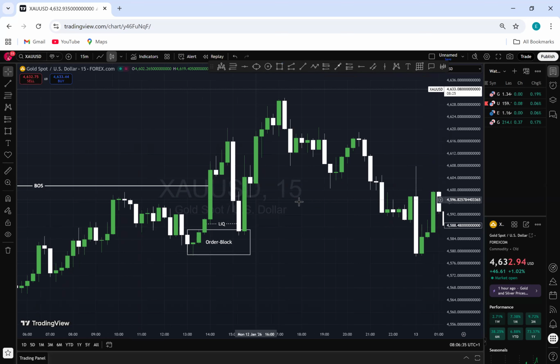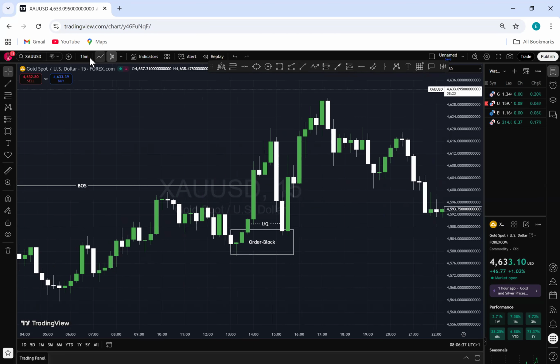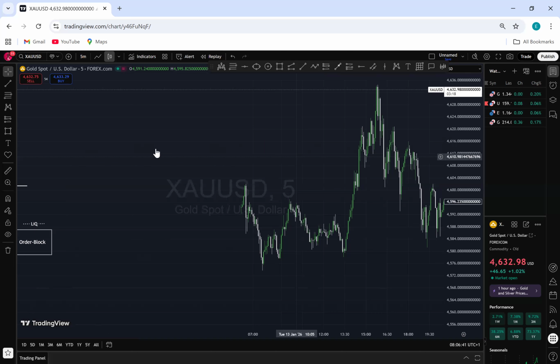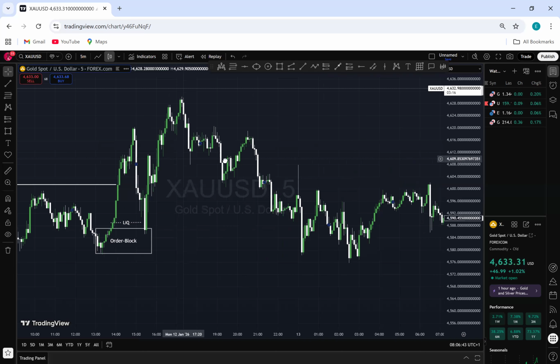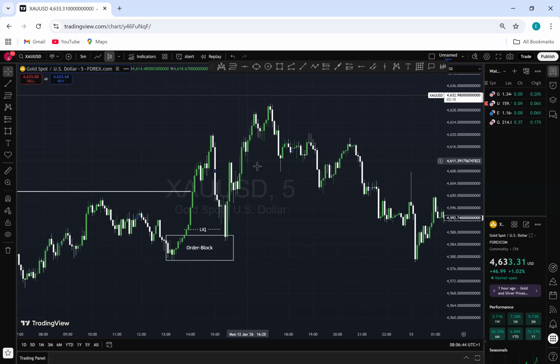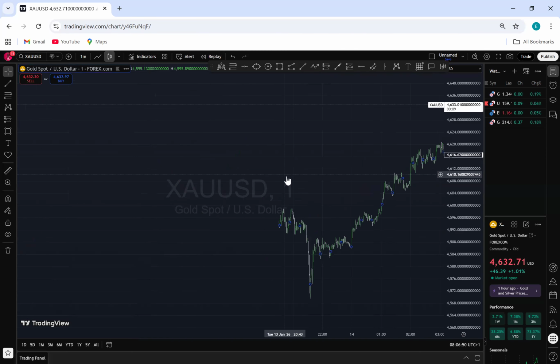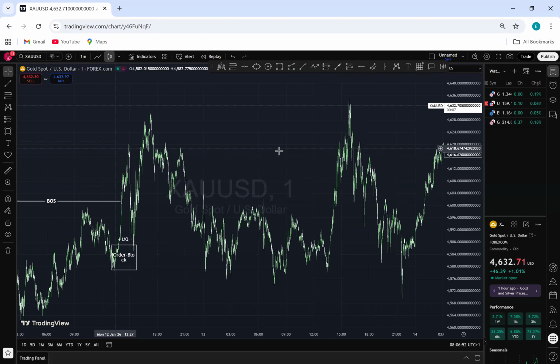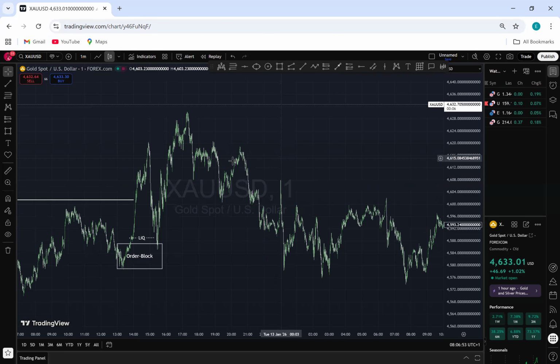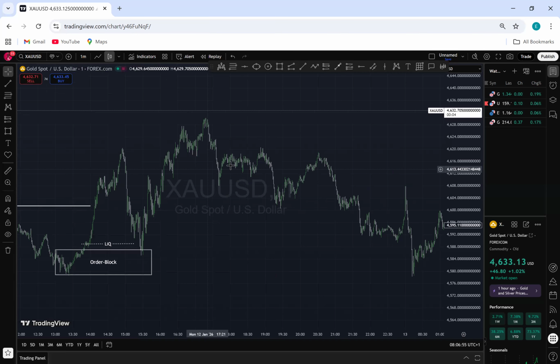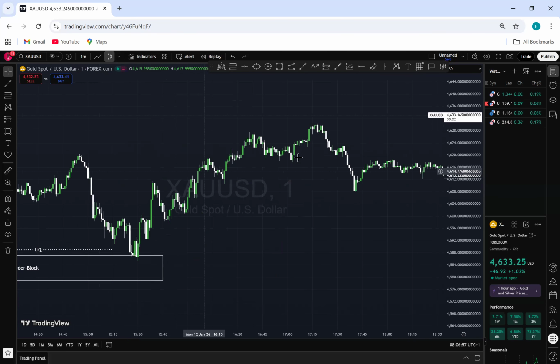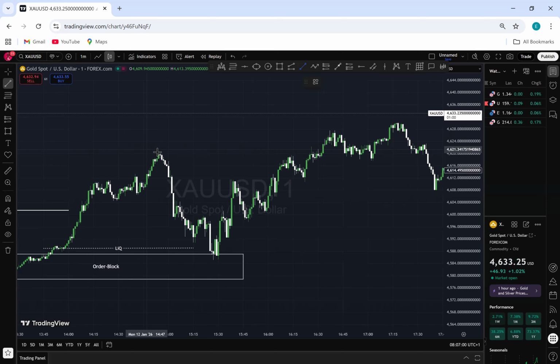So from here now, let's even go to the 1 minute time frame. From here now, we have this as the target, which would be a break of structure.